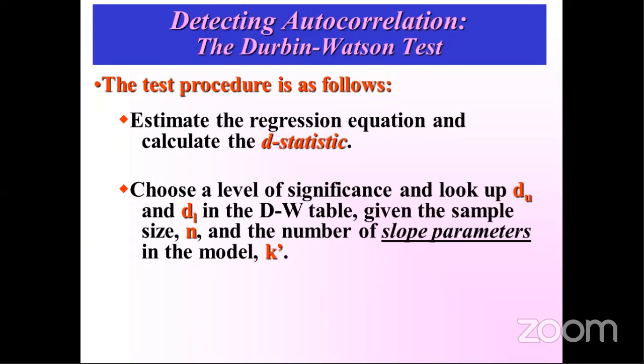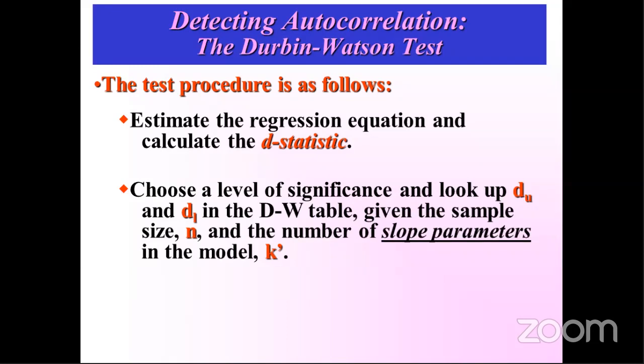Whereas in other standard hypothesis testing, what you require is only the degrees of freedom, except in the case of the standard normal distribution. But here, along with that, you need the lower level of Durbin-Watson, the upper level of Durbin-Watson, and the number of slope parameters, that is, the betas you need to estimate, except your intercept.